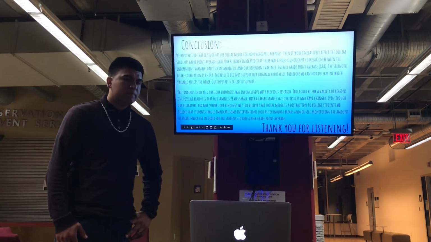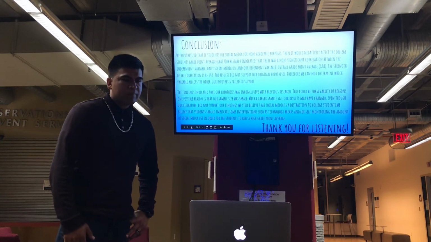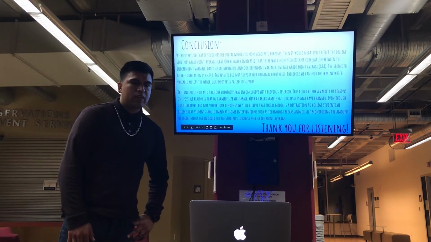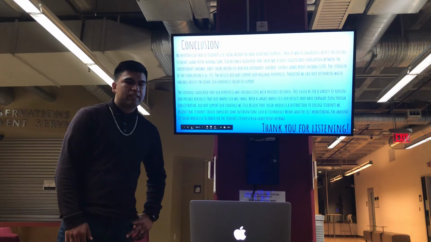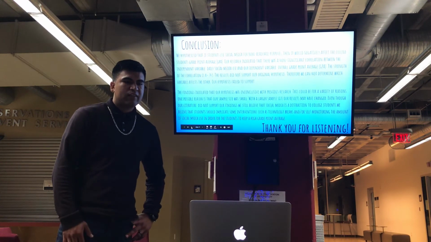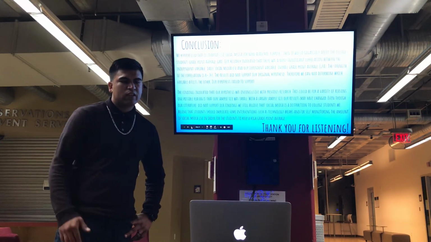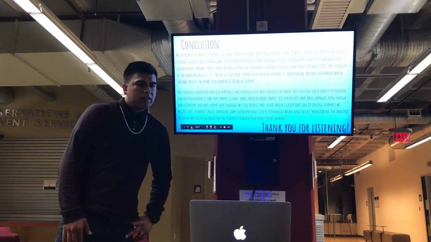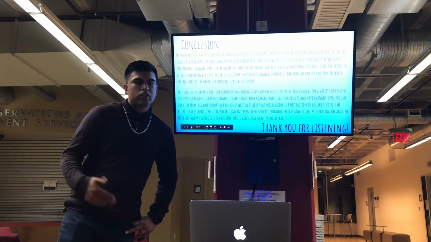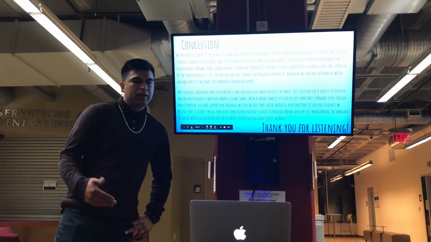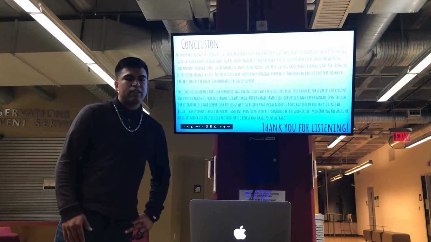In conclusion, we hypothesized that if students use social media for non-academic purposes, then it would negatively affect college students' grade point average. Our research indicated that there was a non-significant correlation between the independent variable, daily social media use, and our dependent variable, overall grade point average.